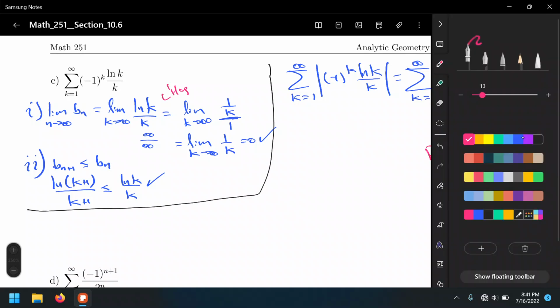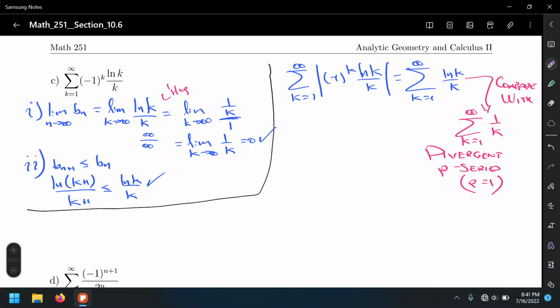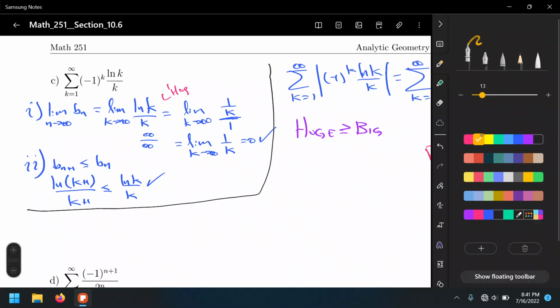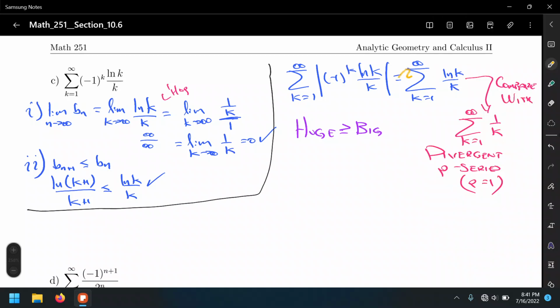For divergence, we will have to show that the huge is greater than or equal to the big. In this case, the huge, which is our original problem, is ln of k over k. Is that greater than or equal to the one we compared it with?